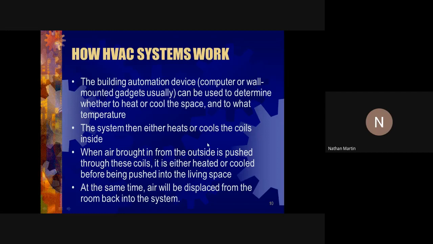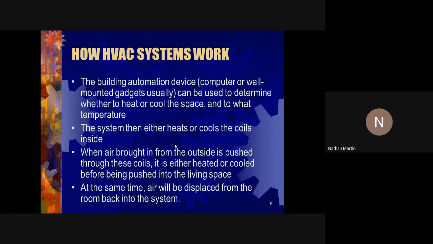Our climate control will send a signal to our main controller to tell it if it needs to cool or warm the space based on our settings, right? The system then either heats or cools the coils inside, right? So it will determine based on your selection if we need to send heat or if we need to remove heat from the premises, right?